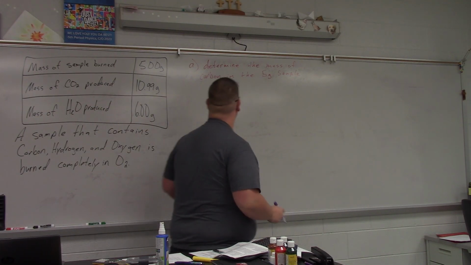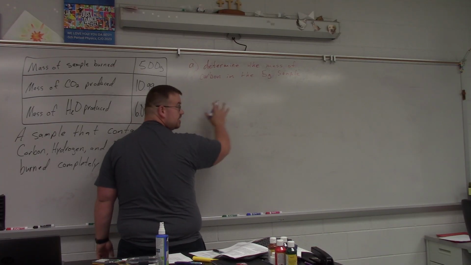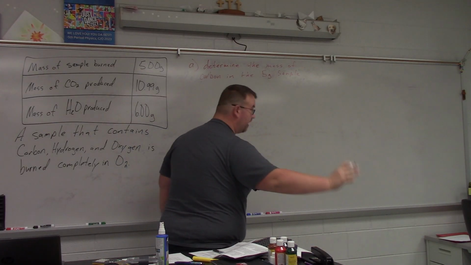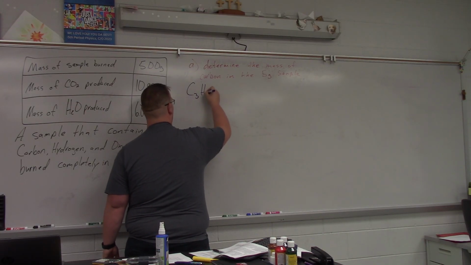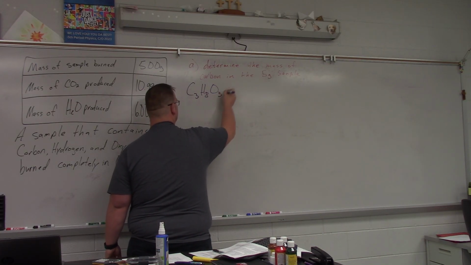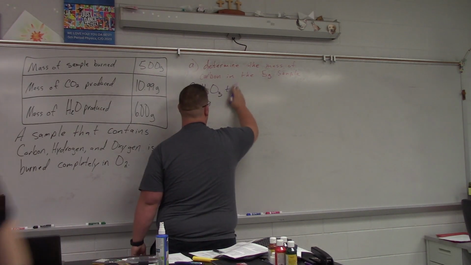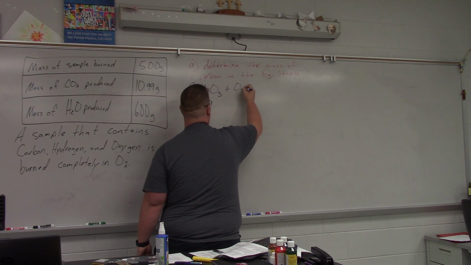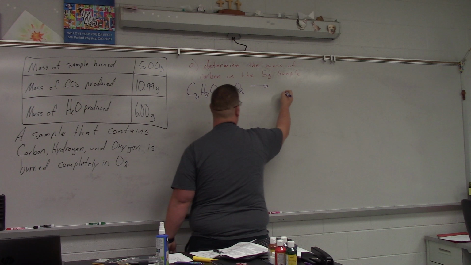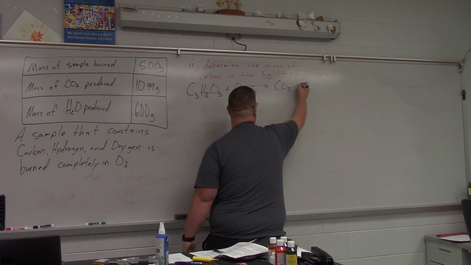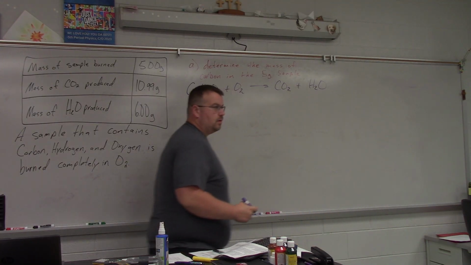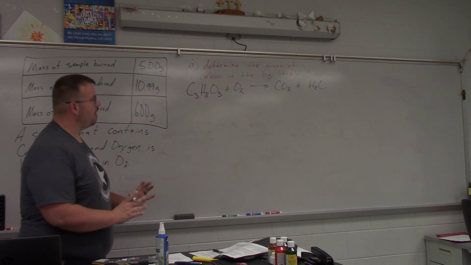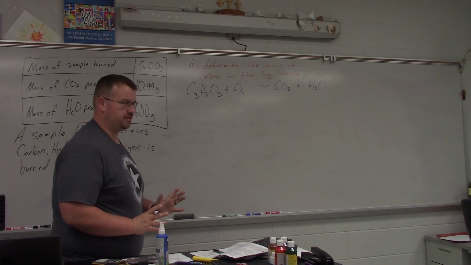I'm not saying this is the chemical formula we're looking at, okay? But let's say... so this is the way to look at this, because you have to understand what's happening in reactions.